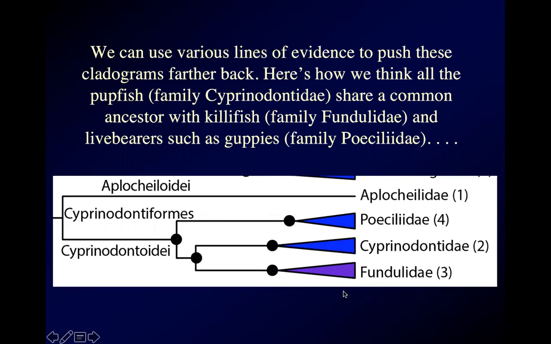And so the two below, Cyprinodontidae and Fundulidae, we hypothesize share a common ancestor, and then a more distant common ancestor with the Posilidae as well, and then an even more distant common ancestor with a family called the Aplochilidae.